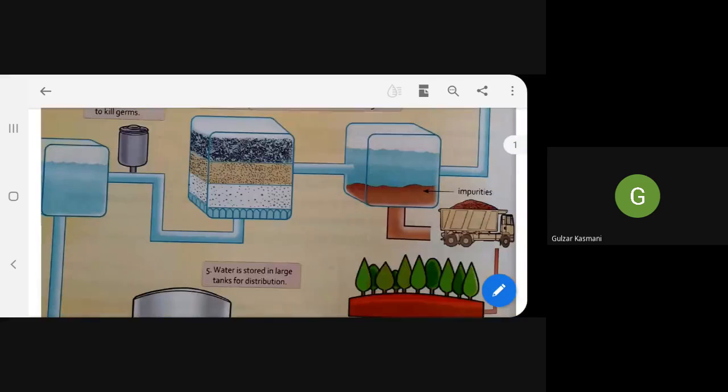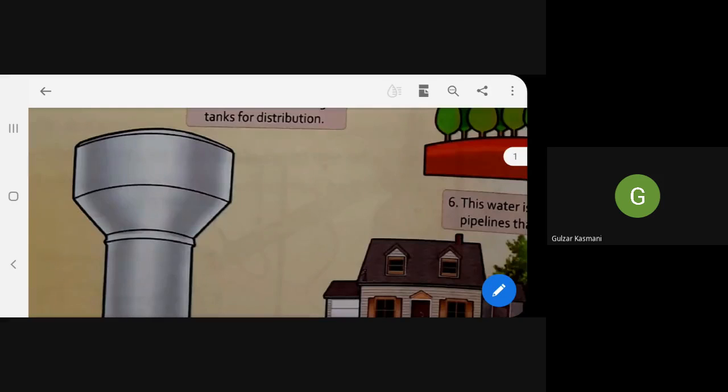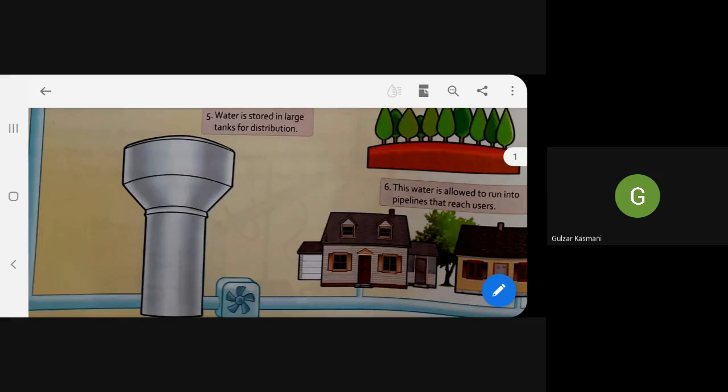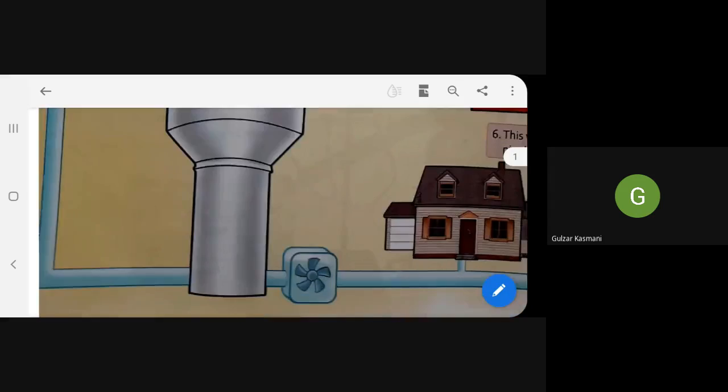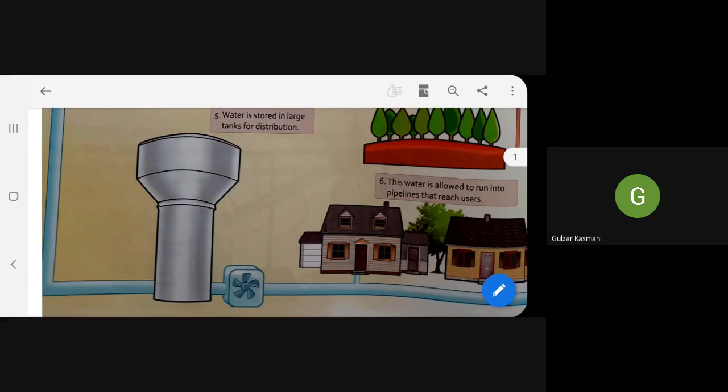Now afterwards the water comes here. You may have seen this kind of big tank near your surroundings, near your locality, near your society. Somewhere in the area this kind of tank is present. Have you ever seen it, beta? Yes, ma'am.